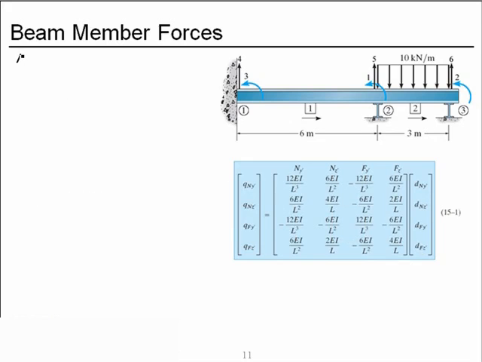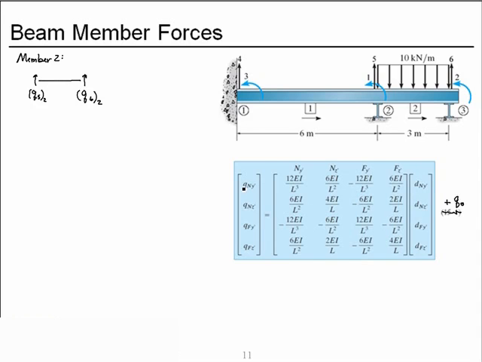Now member 2. We're looking for the shears at the ends. On the left end, the degree of freedom is Q5 for member 2. At the right end, it's Q6, degree of freedom 6 for member 2. So again, we cannot forget that we need to add in our fixed end forces.